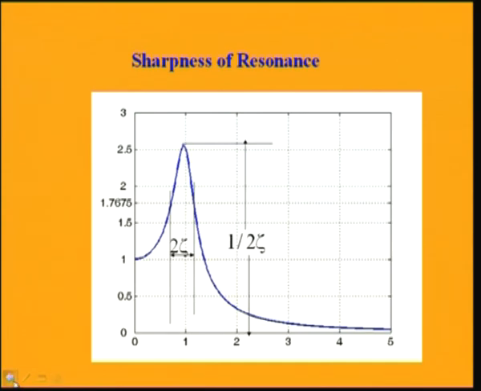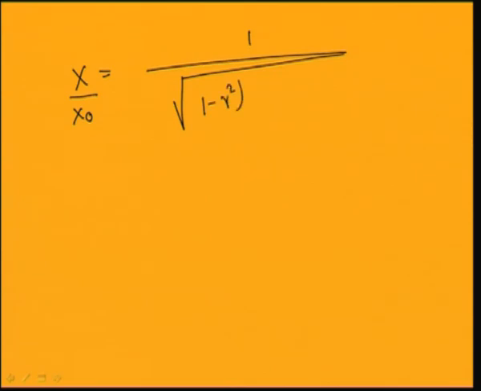You have obtained this from the expression X equals F0 by k, or I can write X by X0 equals 1 by root over (1 minus r square) whole square plus (2 zeta r) whole square.